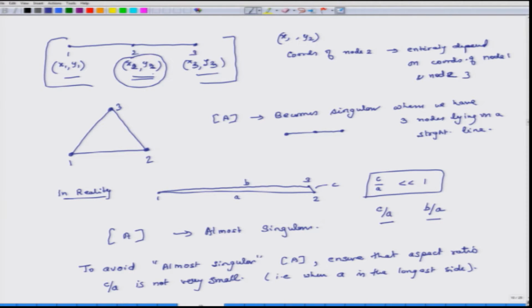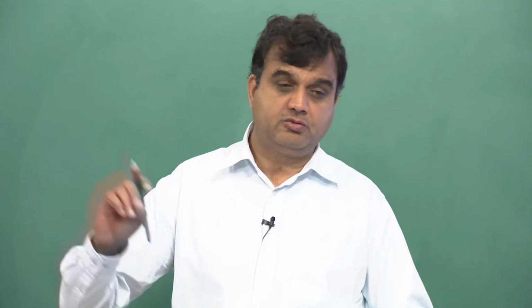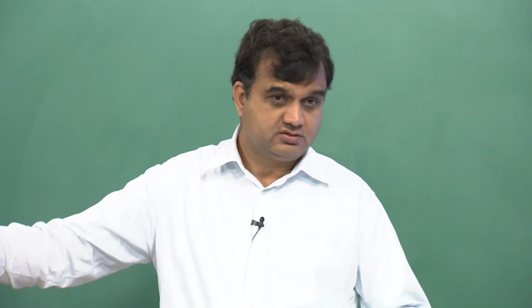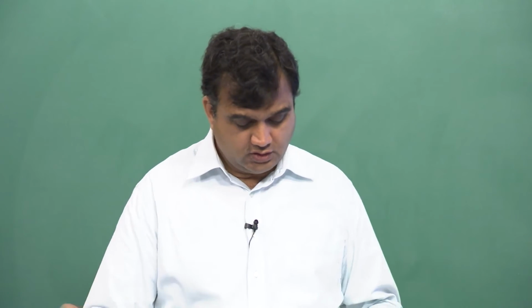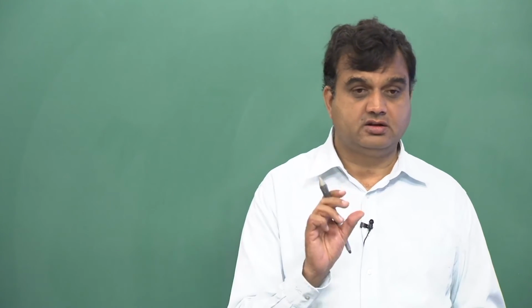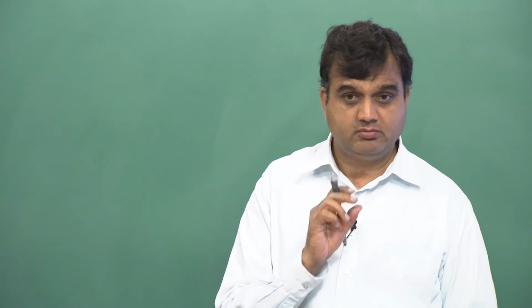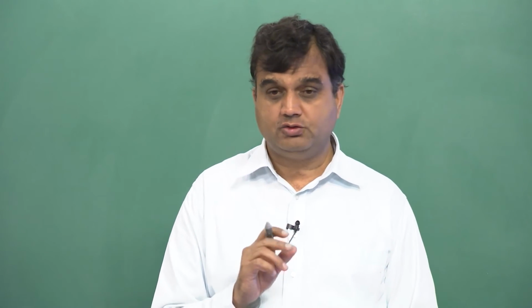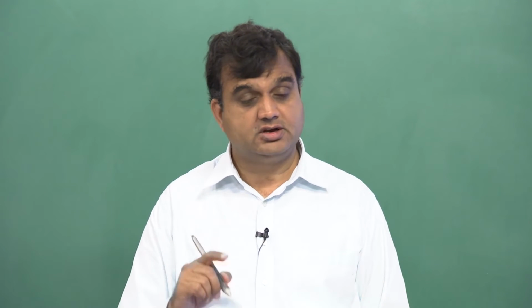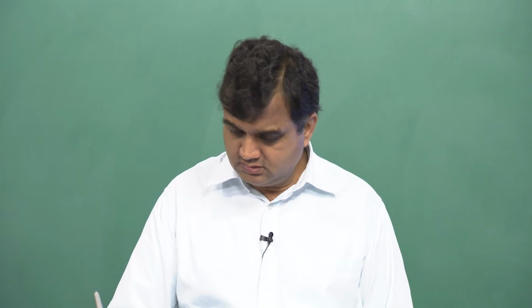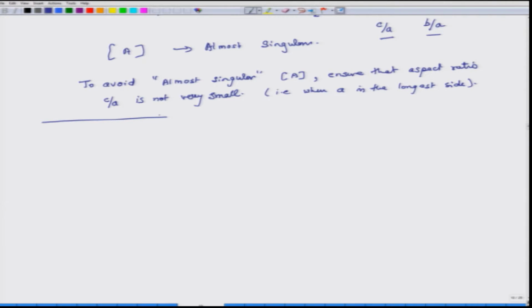So, a general rule could be that it should not be extremely small or extremely large. If it is like 20,000, it is a bad element. If it is like 0.0001, this ratio, then again it is a bad element. It can create a lot of numerical problems in your solution. It may give you a solution, but those solutions may not be trustworthy. So, this is a very important consideration.